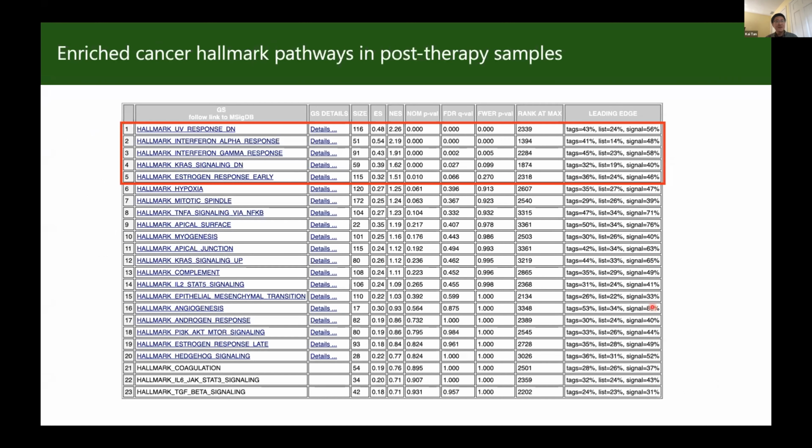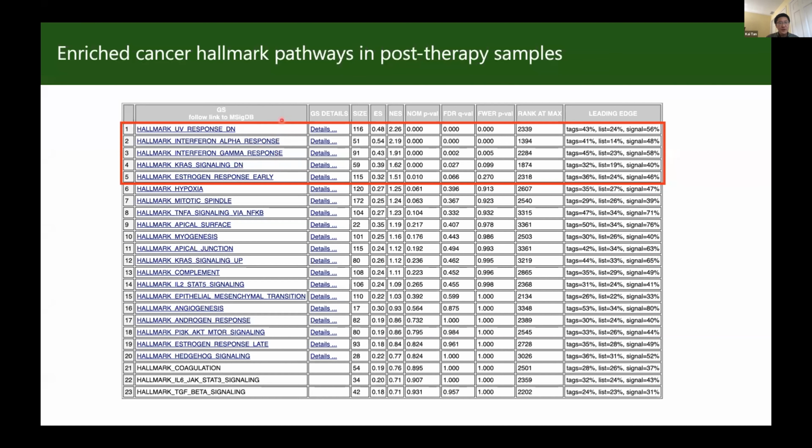Our initial pathway analysis using the GSEA 50 cancer hallmark pathways revealed that there are four pathways enriched in our differentially expressed genes. These include the UV response hallmark genes and interferon response genes, both type 1 and type 2 interferon response genes, and KRAS signaling genes, and finally estrogen response genes.